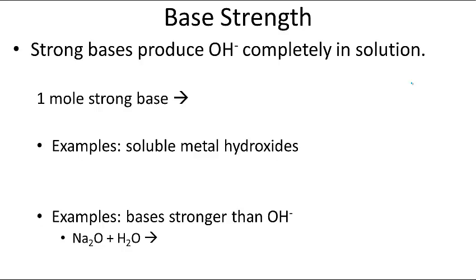So when we use the term strong base, what we mean is that if I add 1 mole of that base to solution, it's going to make at least 1 mole of OH minus.